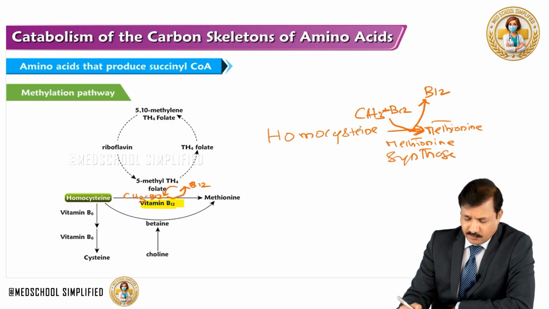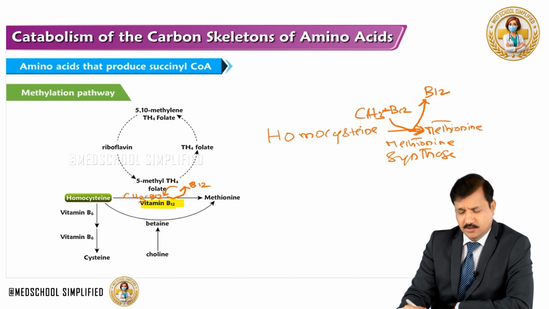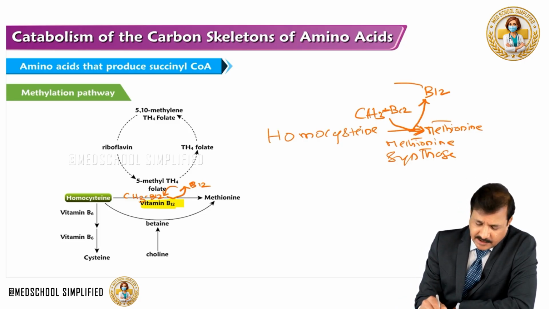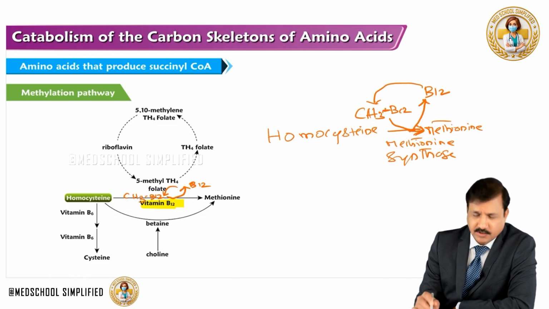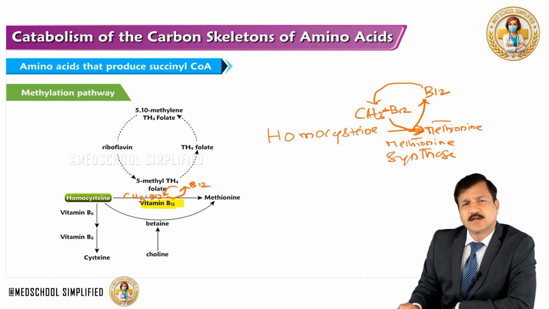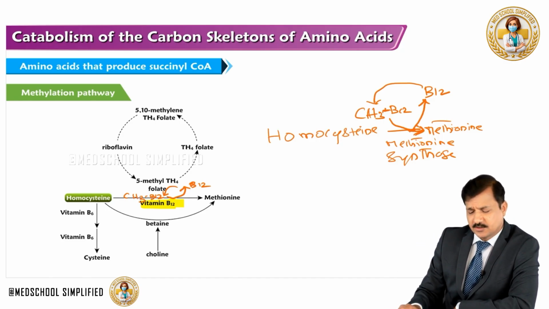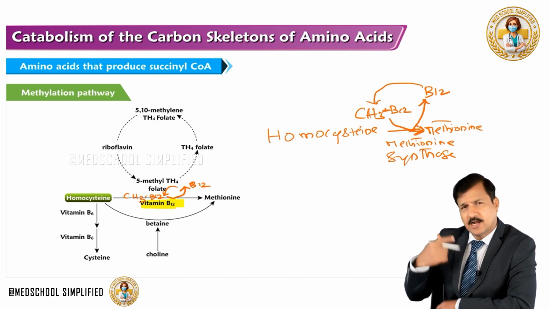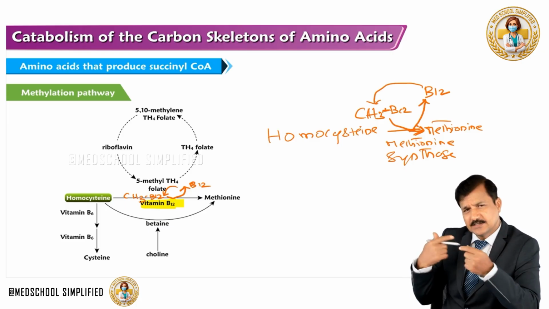So CH3B12 giving methyl group, going out as B12, and that B12 has to be regenerated back into CH3B12 just to maintain the concentration of methylcobalamin in the cell so that homocysteine conversion into methionine continues. So we'll have to recycle it, regenerate, right?